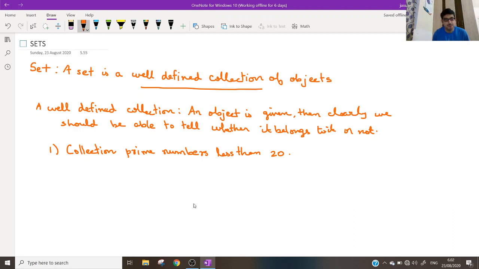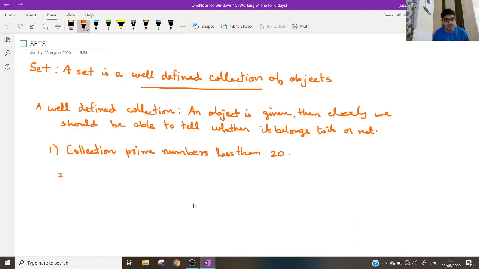The definition of a prime number is properly defined. If a number is given, say 3, you can easily say that it is a member of this collection. If it is given as 6, then it is not a member of this collection because it is not a prime number. So this is a well-defined collection, so it is a set.